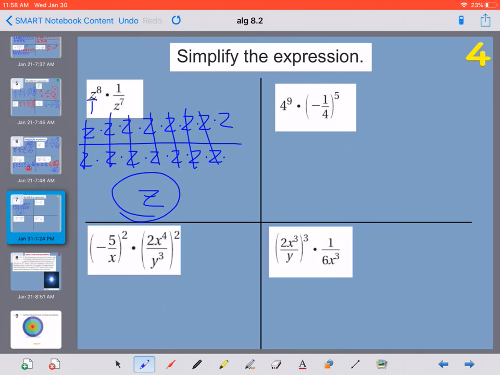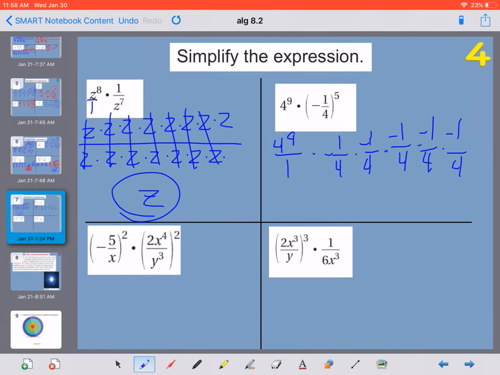Here we have 4 to the 9th power. So 4 to the 9th over 1 times, now we have negative 1/4 5 times. So negative 1 over 4 times negative 1 over 4 times negative 1 over 4 times negative 1 over 4 and negative 1 over 4.